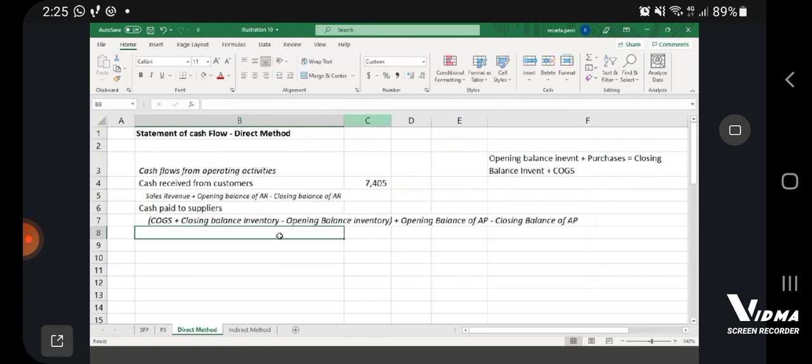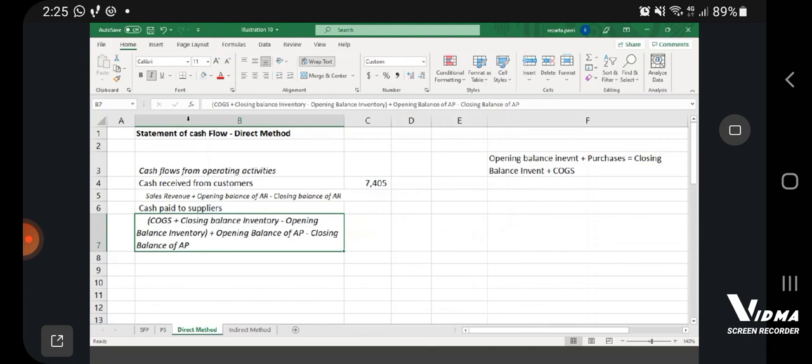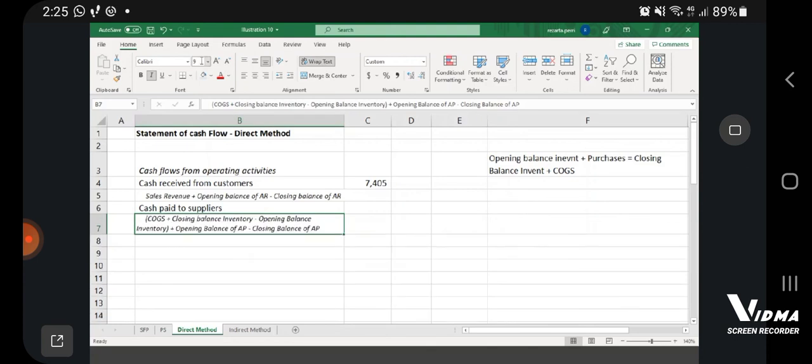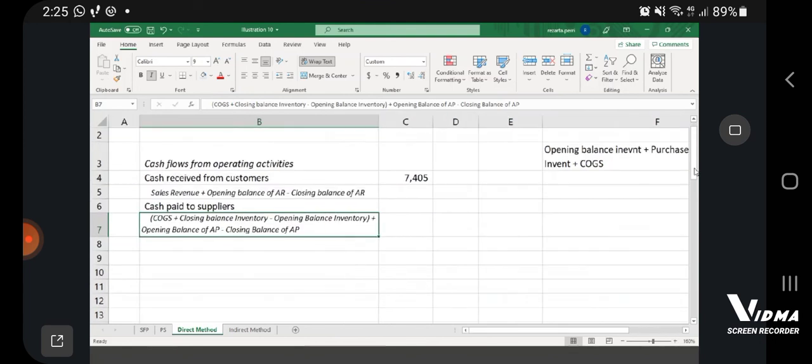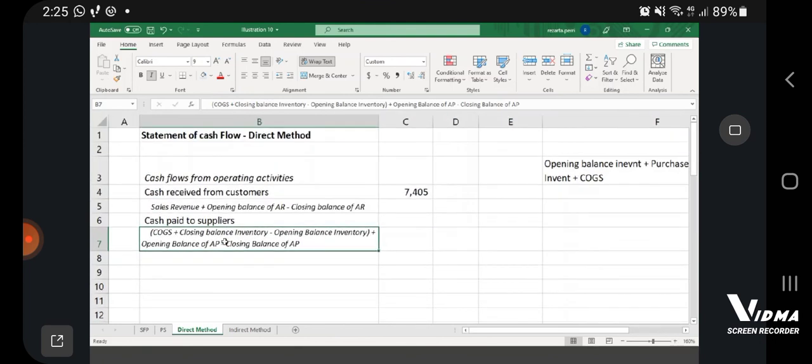Okay, so in this case, let me just make it a little bit clearer to understand. In this manner, it's easier for us to calculate the cash paid to suppliers.